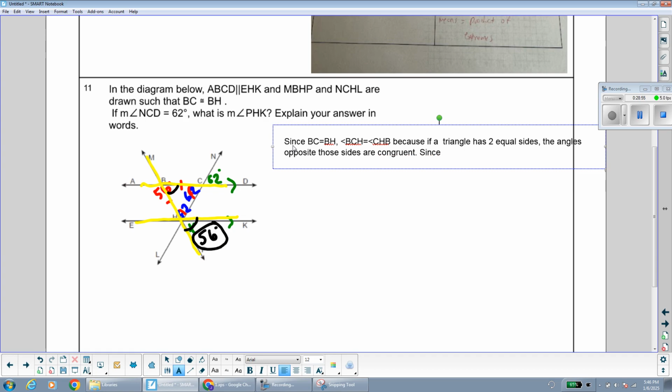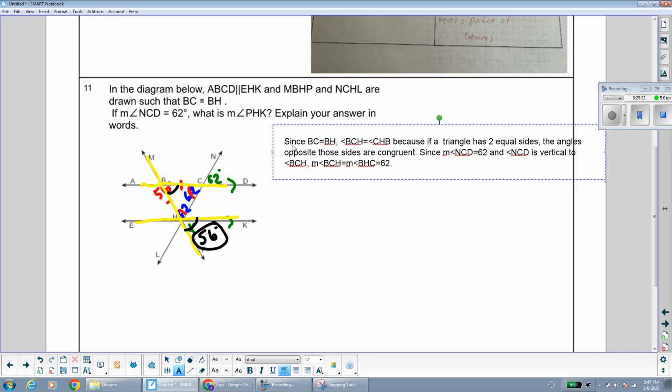Since the measure of angle NCD is 62 degrees and angle NCD is vertical to angle BCH, the measure of angle BCH is equal to the measure of angle BHC, and they're both equal to 62 degrees.